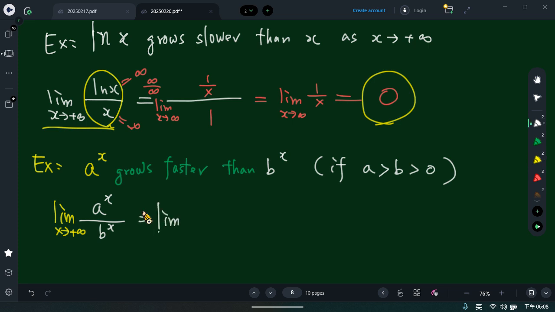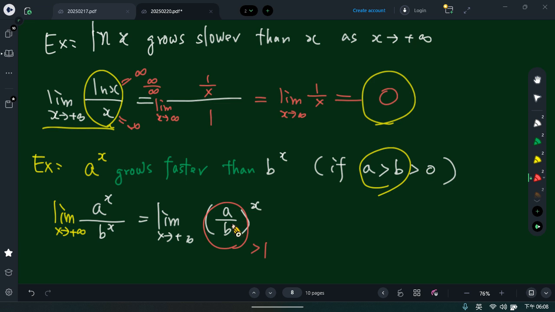Then you can continue to get this one. This is the limit as x approaches positive infinity of (a over b) to the power x. Since a is larger than b, this number should be larger than 1, because a is larger than b. So when we calculate a divided by b, the number should be larger than 1.